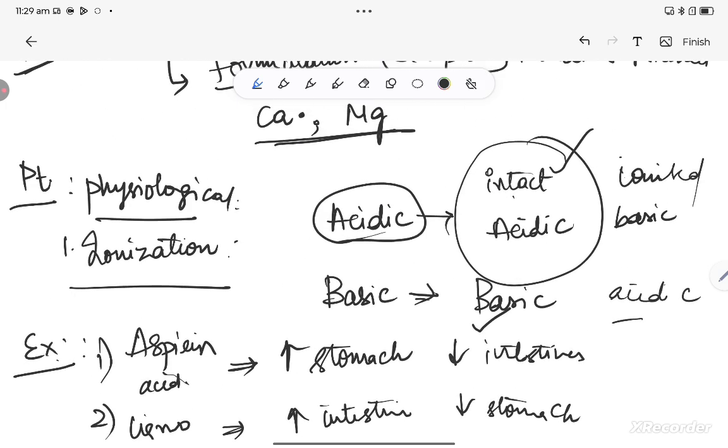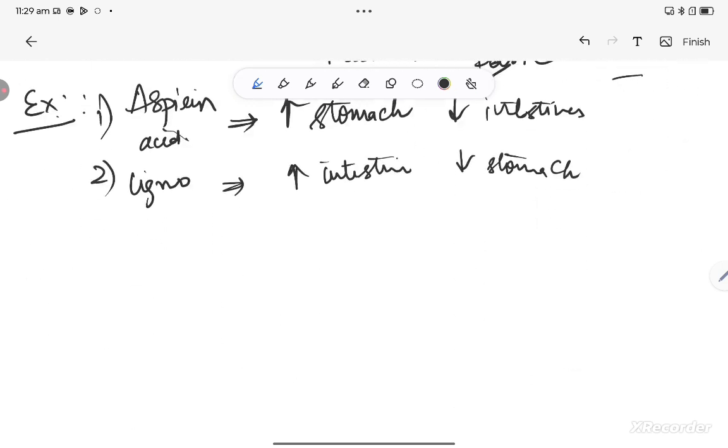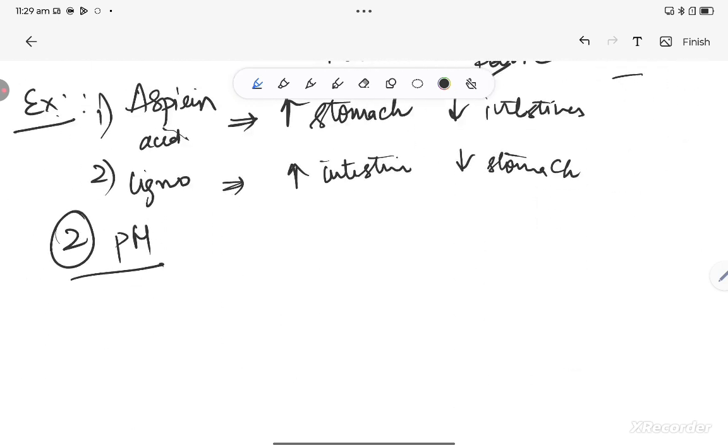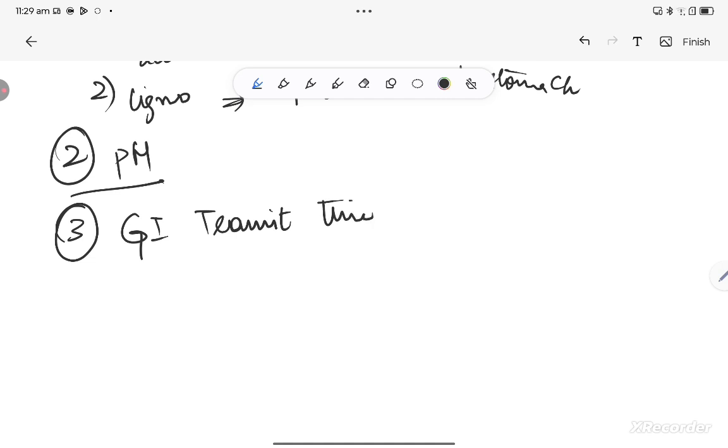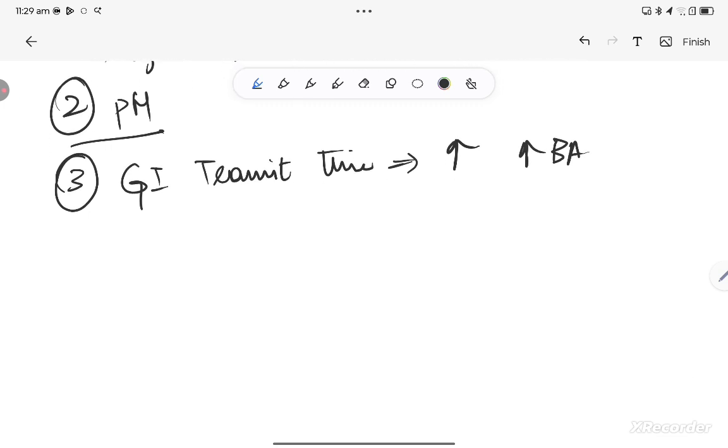The same with respect to our second feature also, that is pH of our bodily fluids. Yes. Now third factor is GI transit time. More the transit time, more bioavailability. Clear? And now we will talk about next factor, that is enterohepatic cycling. Here we need to understand certain basic concepts.